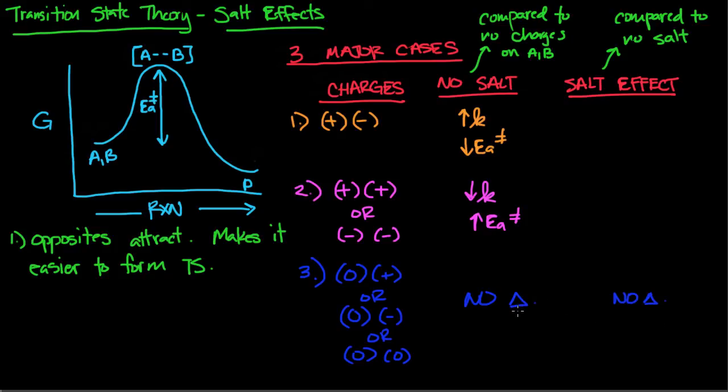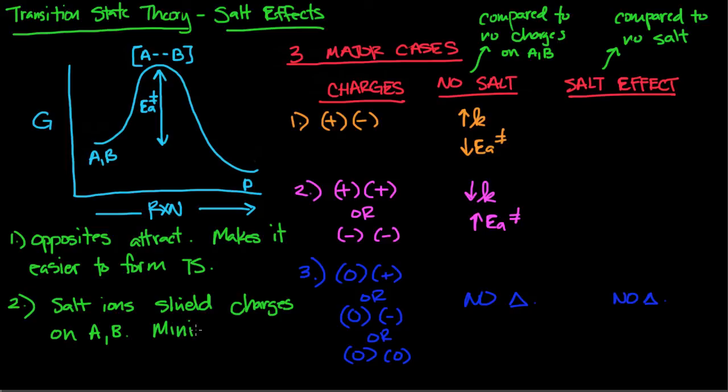Okay. Second thing to emphasize is salt ions, they're going to shield the charges on A and B. And what that does is it minimizes good or bad effects from rule 1.